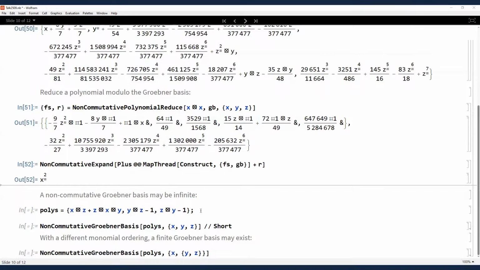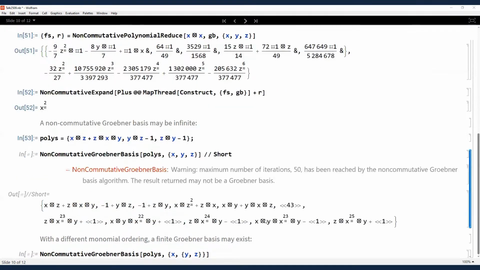And also, unlike in the commutative case, a non-commutative Gröbner basis may be infinite. So for this set of polynomials, the Gröbner basis is infinite, and the non-commutative Gröbner basis has a limit on the number of iterations that can be set using an option, max iterations.